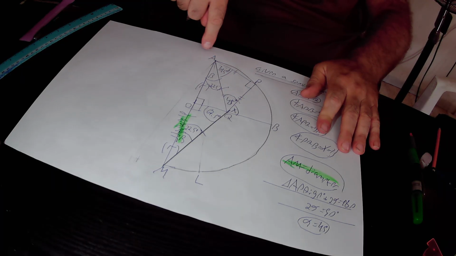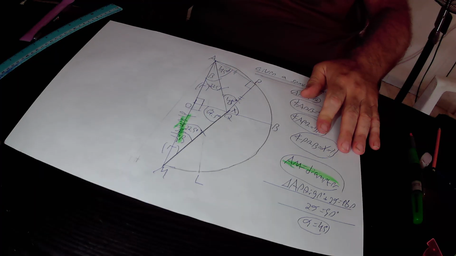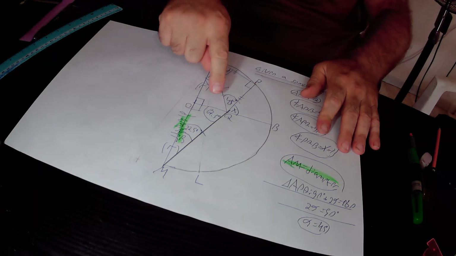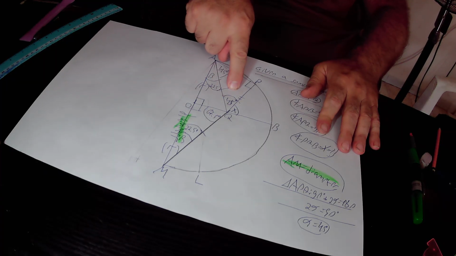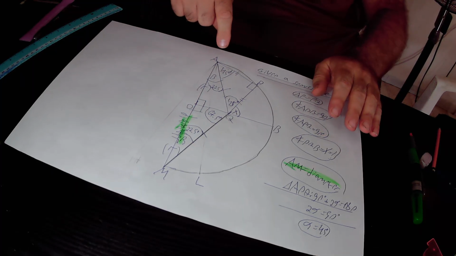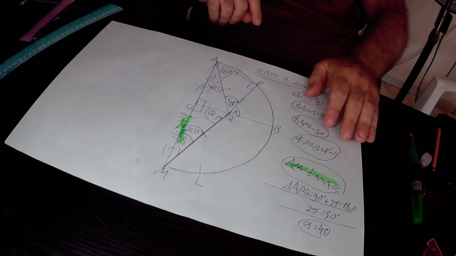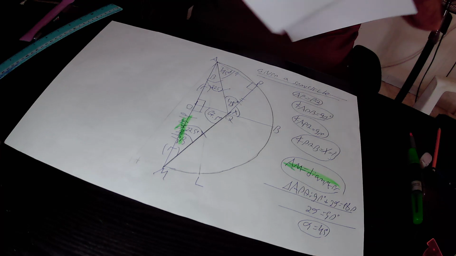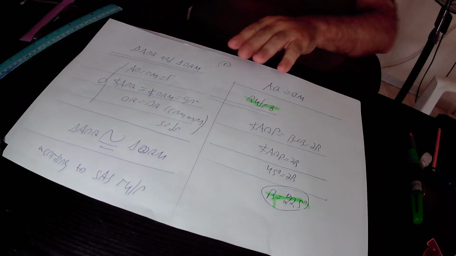The size of the exterior angle AQP, according to rule 8, equals the sum of the two interior angles that are not adjacent to it. This is angle AQM, which is adjacent to angle AQP. The two other angles that are not adjacent to it are beta and beta. Therefore, angle AQP must equal beta plus beta, that is 2 beta.